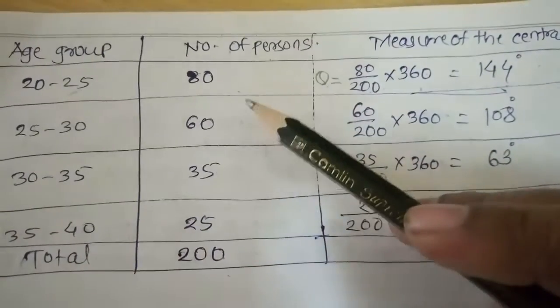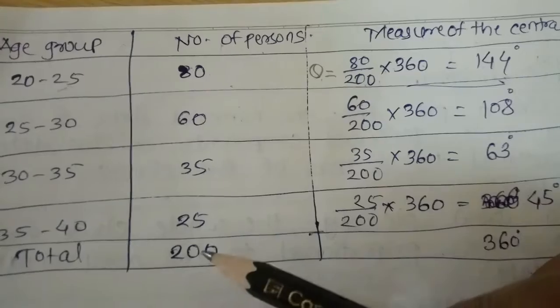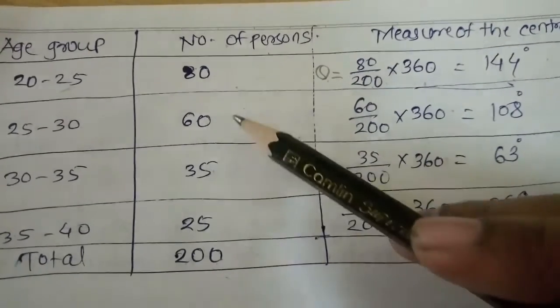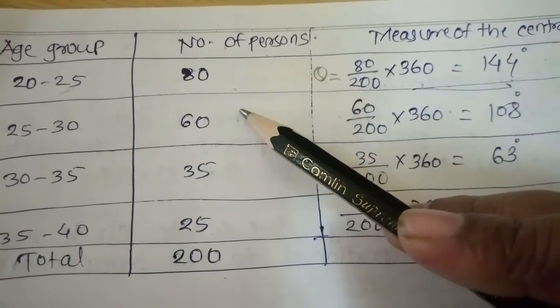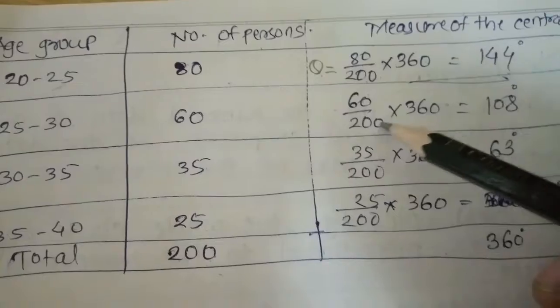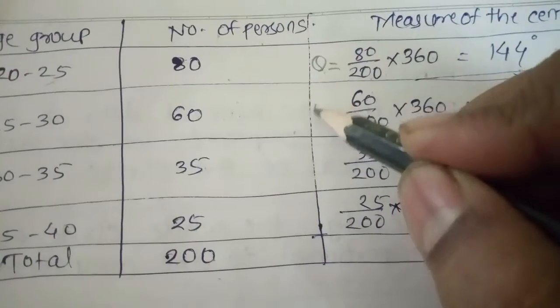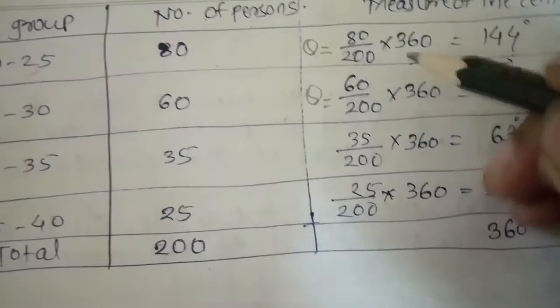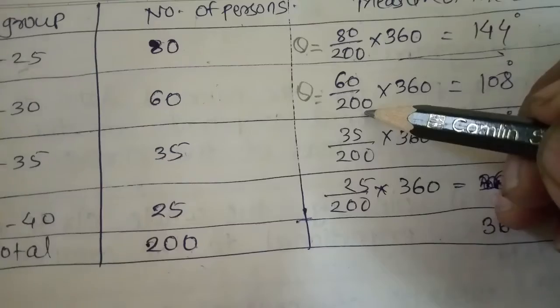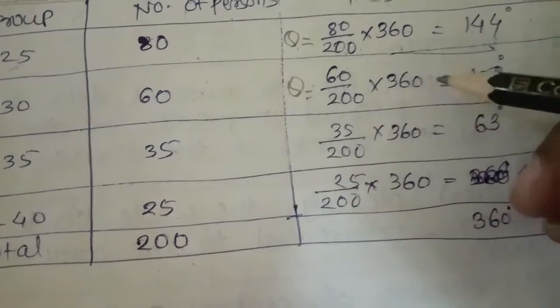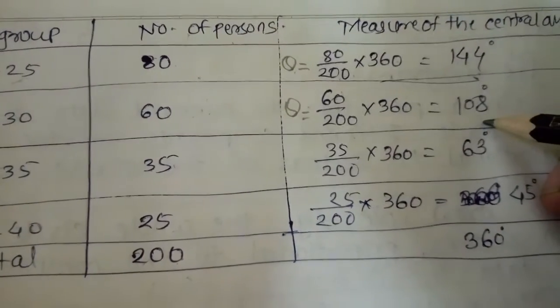After that, using the same formula for the second one, the total is 200. Out of this 200, the number of persons in the age group 25 to 30 is 60. So theta is 60 upon 200 into 360, which equals 108.